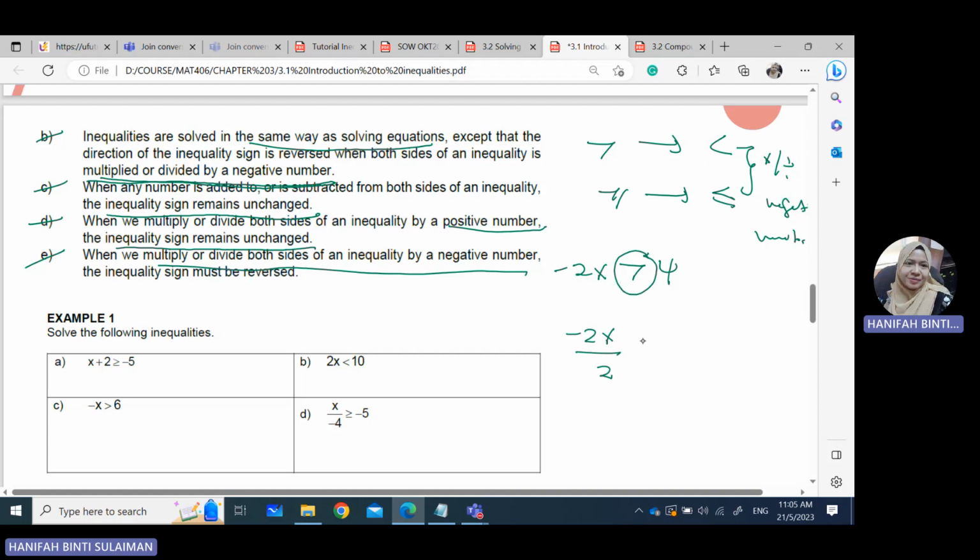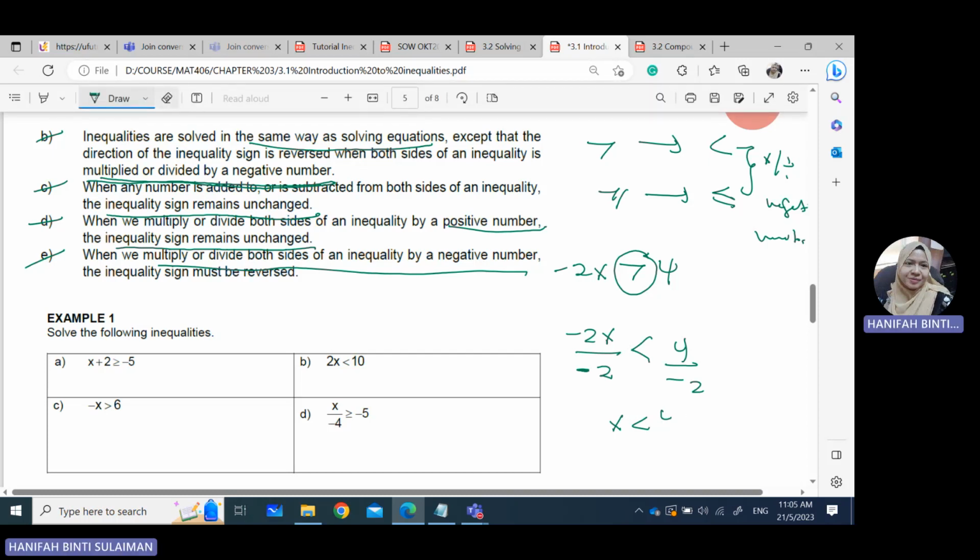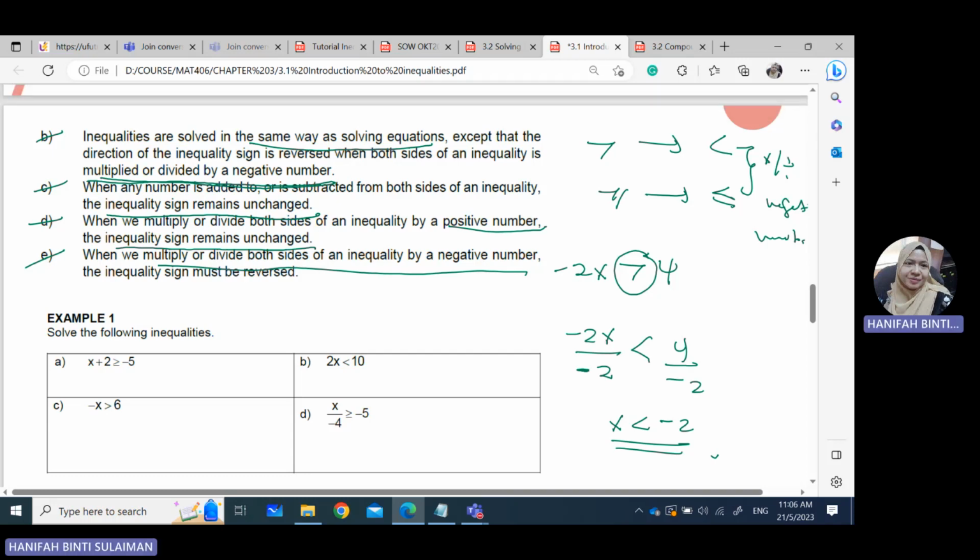Daripada greater than, we will have less than 4 divided by negative 2. So now we have x is less than 4 over negative 2, 4 bahagi negative 2, kita akan dapat negative 2. So this is the solution. Okay, jelas?